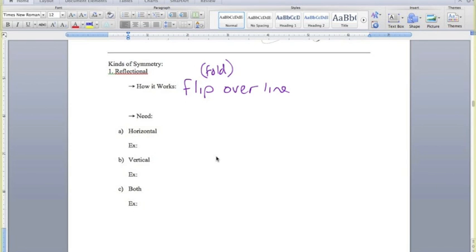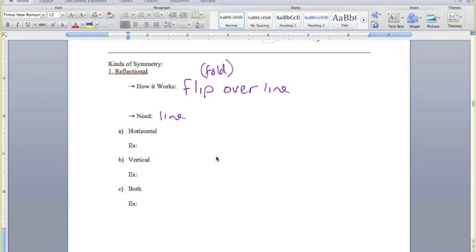So what we need for it is a line. There's two different ways that we're going to talk about how we could draw the line, and that's horizontally or vertically. You could, I suppose, also have a diagonal line symmetry, but we're not going to be concerned with that. We're just going to worry about a horizontal or a vertical symmetry.